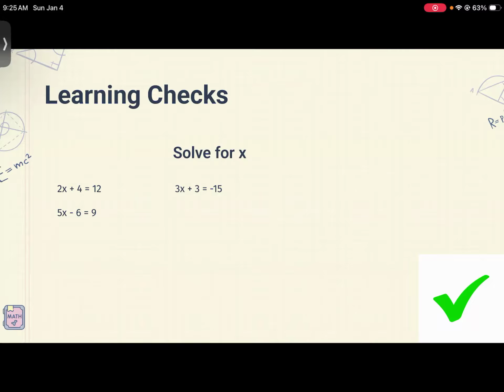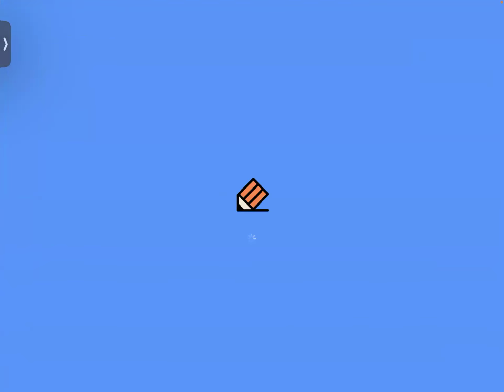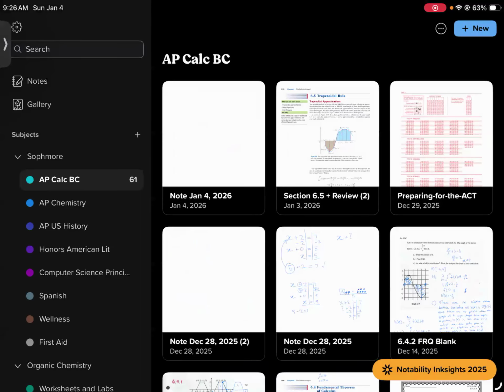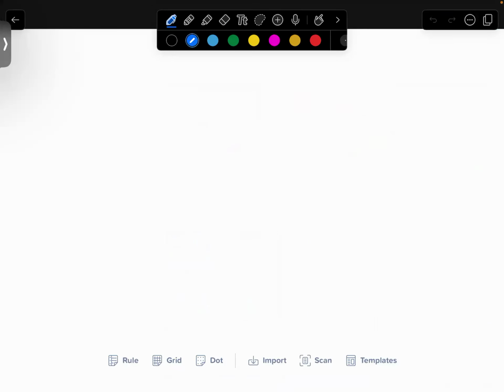I'll show how to solve it. So we are given that 3x plus 3 equals negative 15.